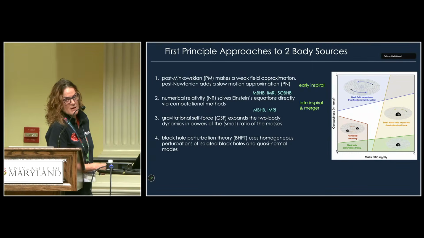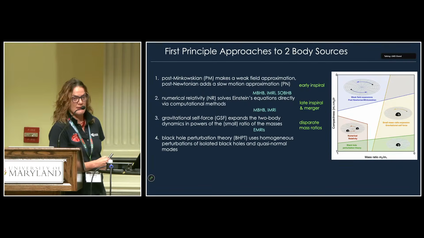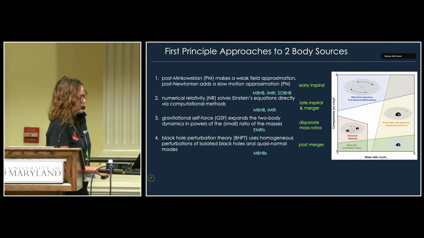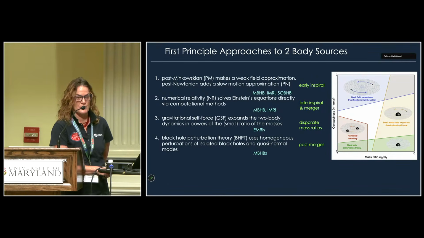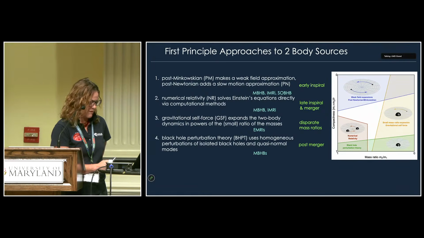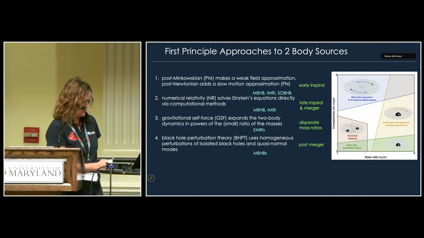Numerical relativity comes in when we have the late in-spiral and merger in play. And self-force would be for our IMRIs, the separate mass ratios. They're one of the beautiful signals that LISA will finally give us. And black hole perturbation theory is mostly post-merger. So you can see how all of these approaches predict pieces of the waveforms that we need in hand to do the LISA science.